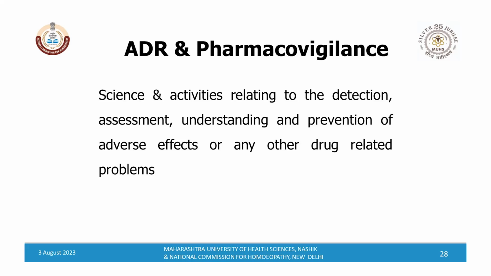So it's a continuous process. The data is collected from different physicians, then analyzed, and it is decided whether a given reaction is due to that drug or not. The information is then shared with other physicians, so they become aware of any new adverse drug reaction due to a particular drug.